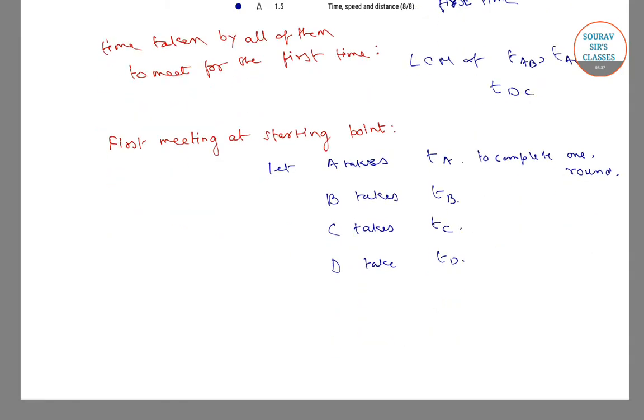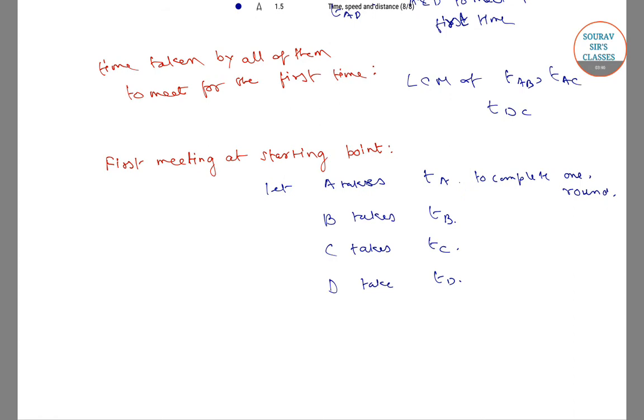Then the time taken for them to meet at the starting point for the first time would be given by the LCM of TA, TB, TC and TD.